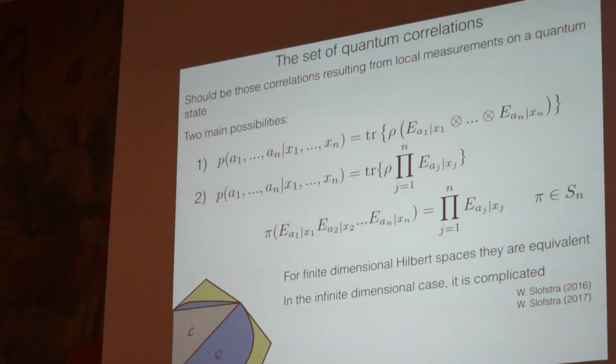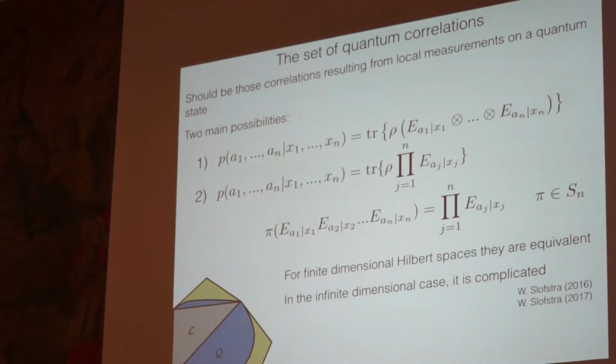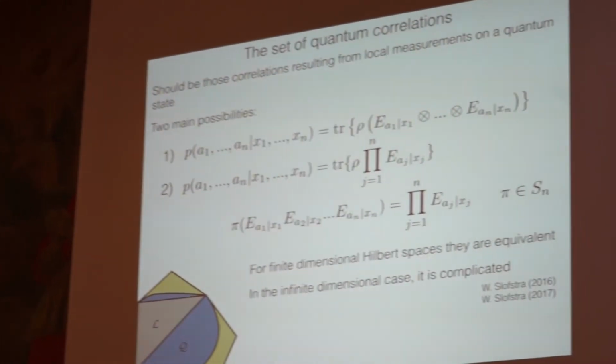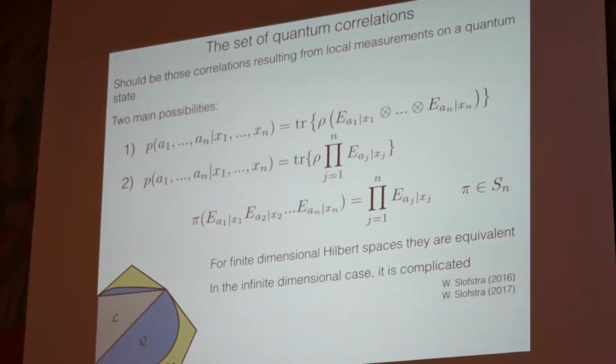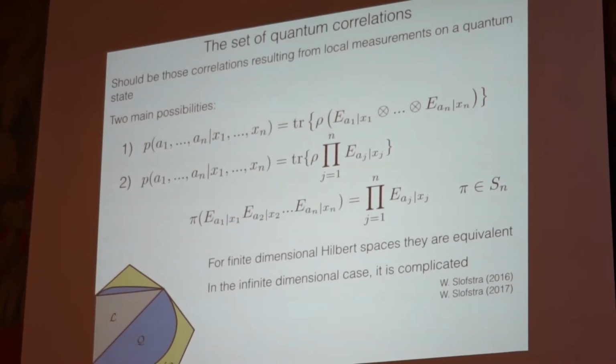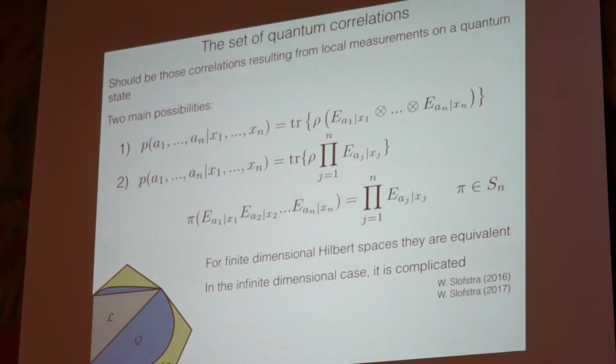This is relevant to something called Tsirelson's Problem. I mean, I think it was his problem because he thought it was true in the infinite dimensional case, but it turned out to be not quite as simple as that. And there's very recent work which is trying to basically clarify the relation between these two definitions of the quantum set in the infinite dimensional case.